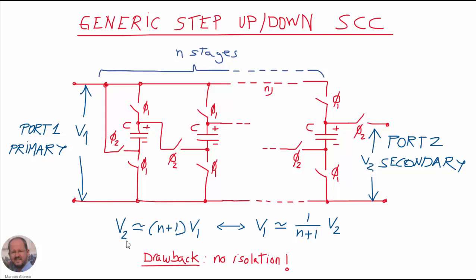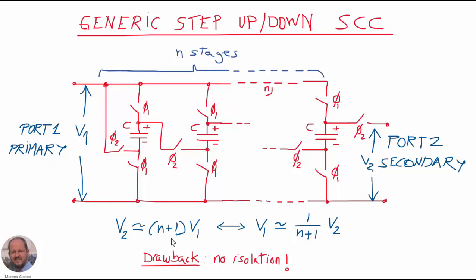The output voltage V2 is going to be approximately n plus 1 times the input voltage, and also the input voltage can be approximately 1 over n plus 1 times the output voltage V2. So with this we have a transformer with a voltage ratio which is equal to n plus 1.